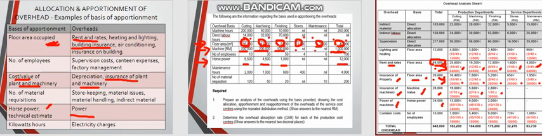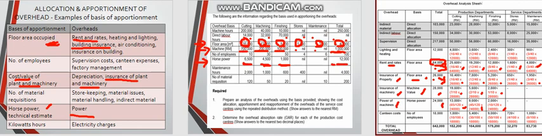So for the cutting department, we take 6,500 divided by 12,000, or we can just eliminate the 2 zeros at the back, so here we take 65 over 120 times 24,000. Then this one 45 divided by 120, and this one is 10 divided by 120.